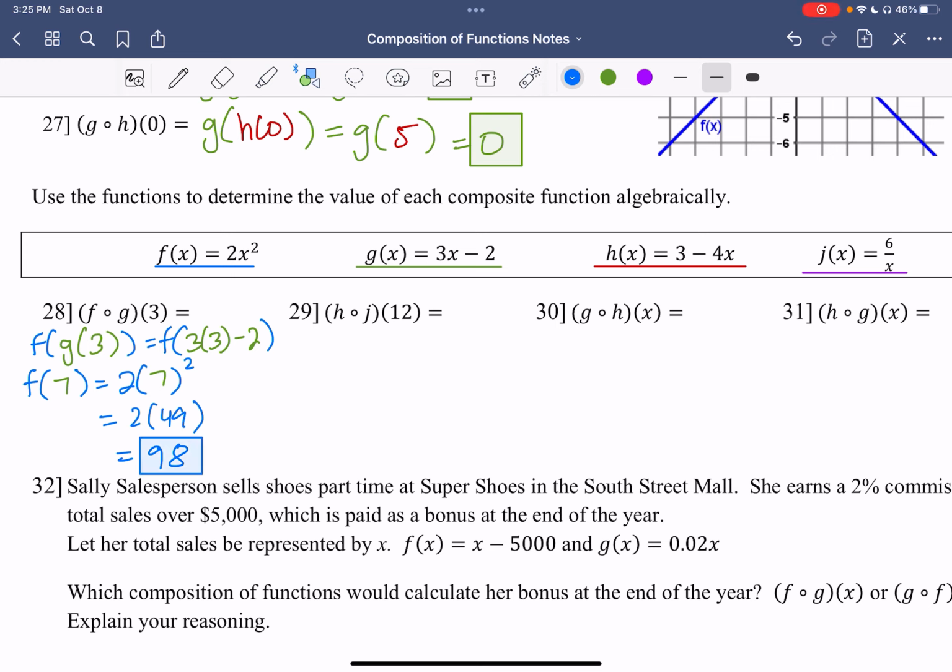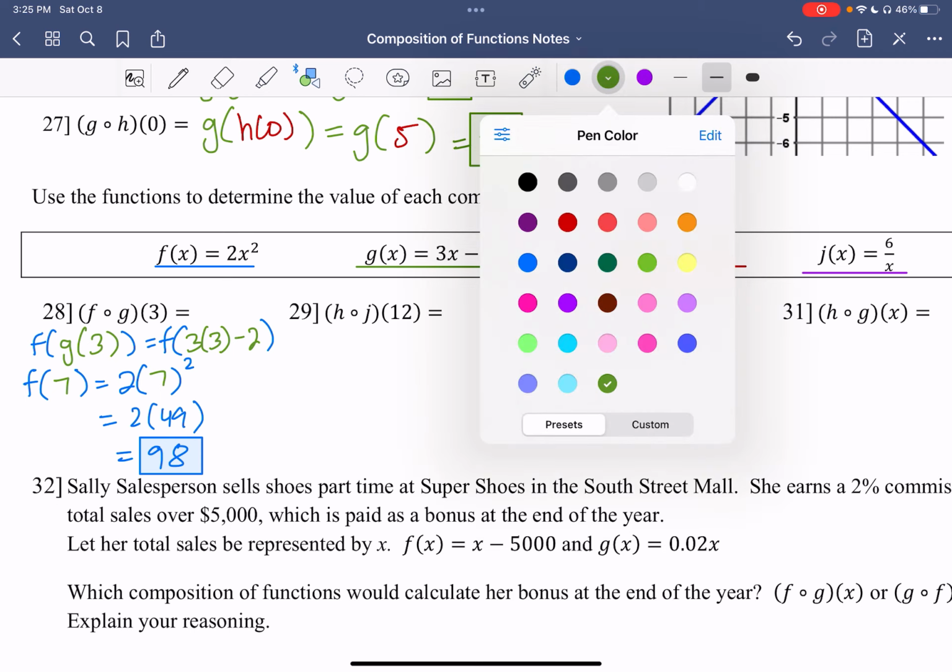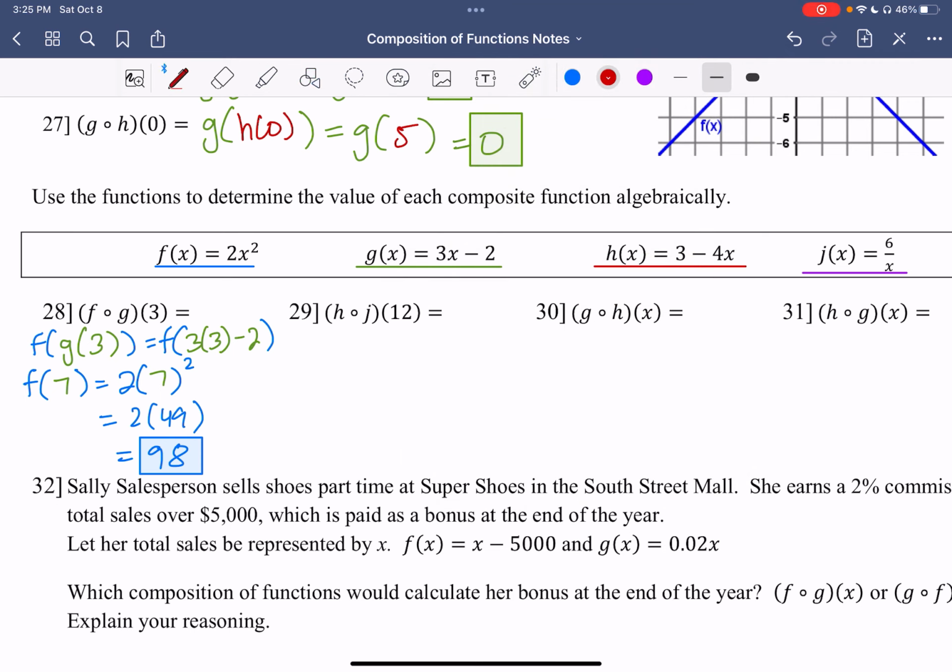Now let's do h of j of 12. So we have h of j of 12. So you're going to do 6 over 12 because you plug the x into j. And 6 over 12 reduces to 1/2.